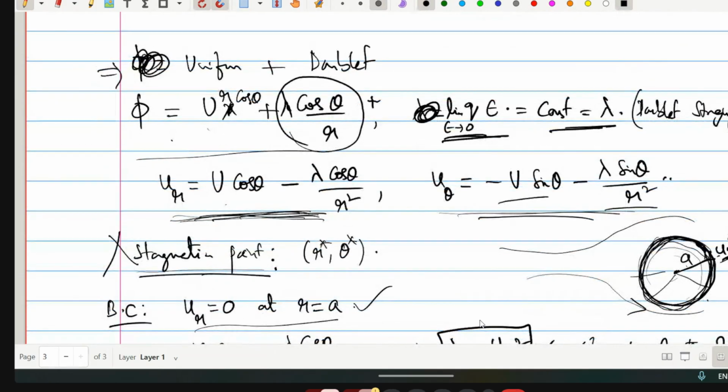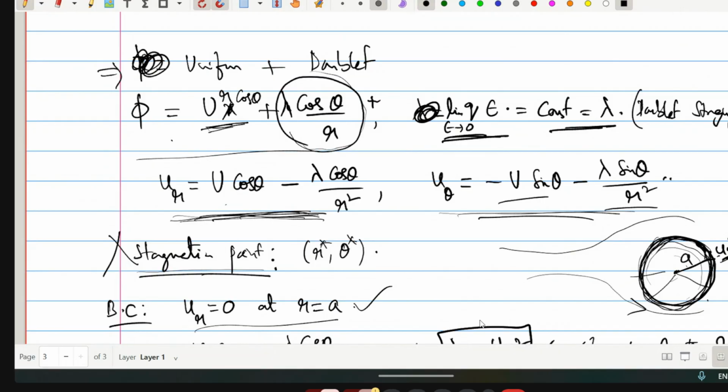What exactly I'm trying to say is, as r goes to infinity, what is happening? You still have your uniform flow, because whatever doublet you added, lambda cos theta divided by r, goes to zero as r goes to infinity. So away from this cylinder, you basically have only the uniform flow.